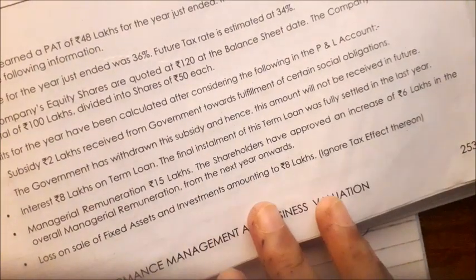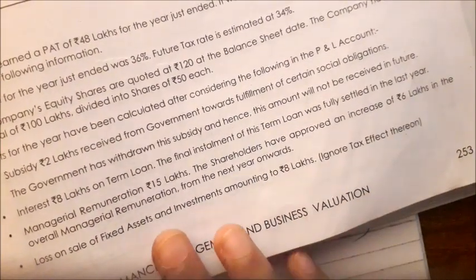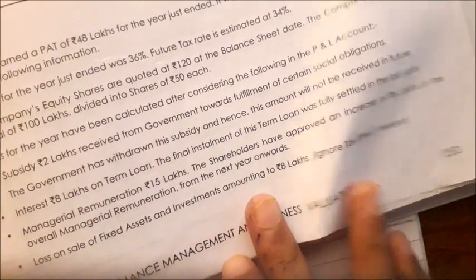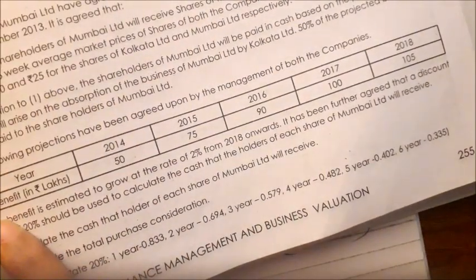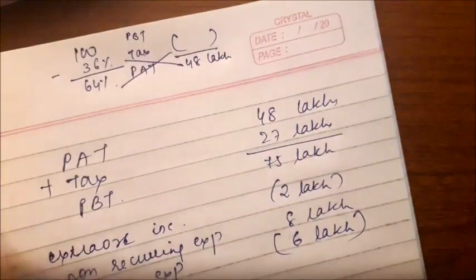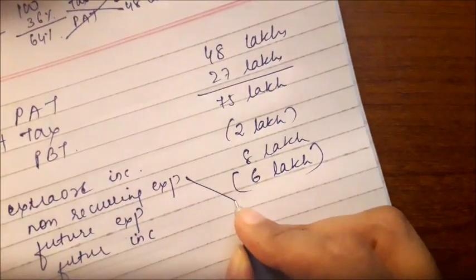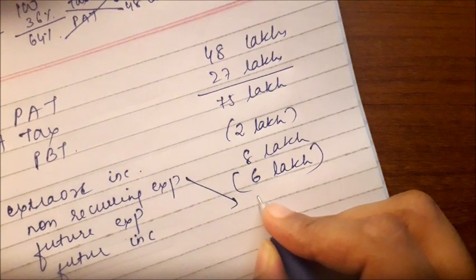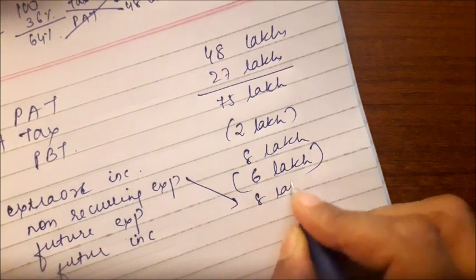Loss on sale of fixed assets 8 lakhs. This loss is an expense which has happened, but it is not going to happen in future. So this is a non-recurring expense, so we'll have to add those expenses. The expenses are 8 lakhs.